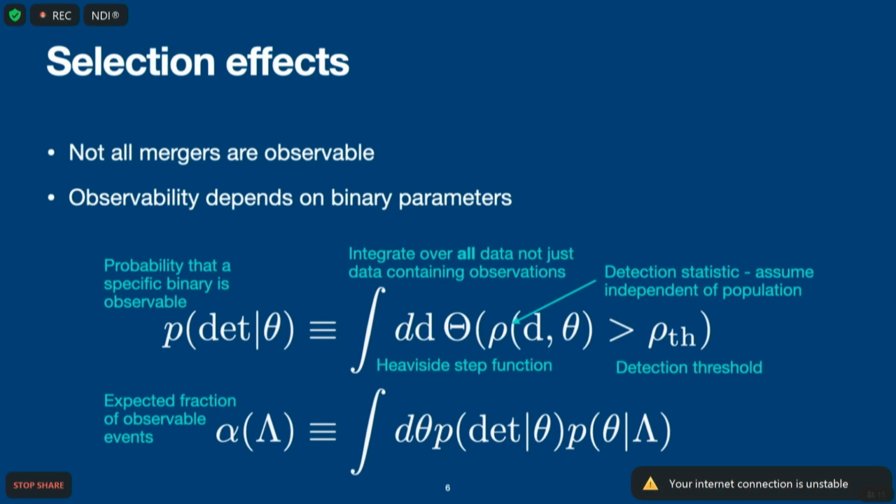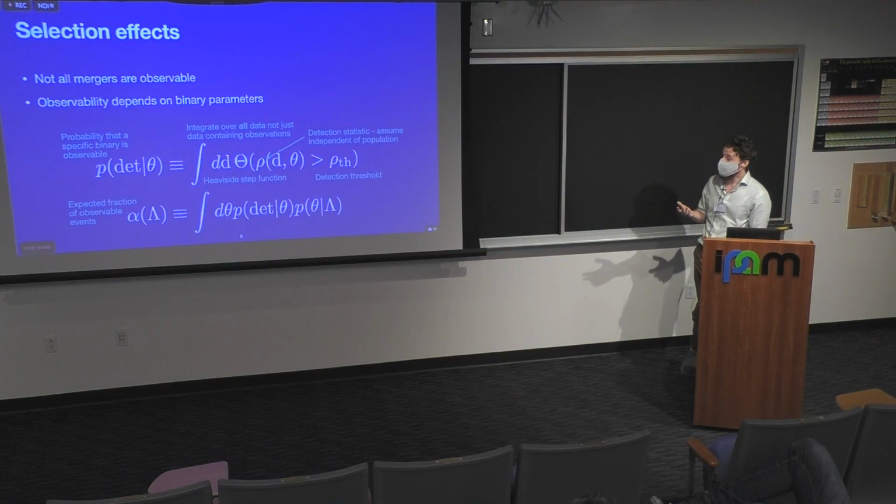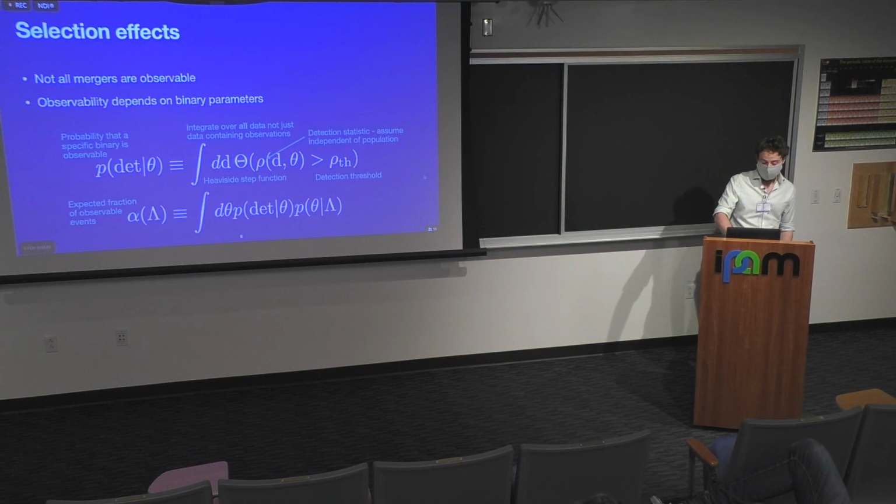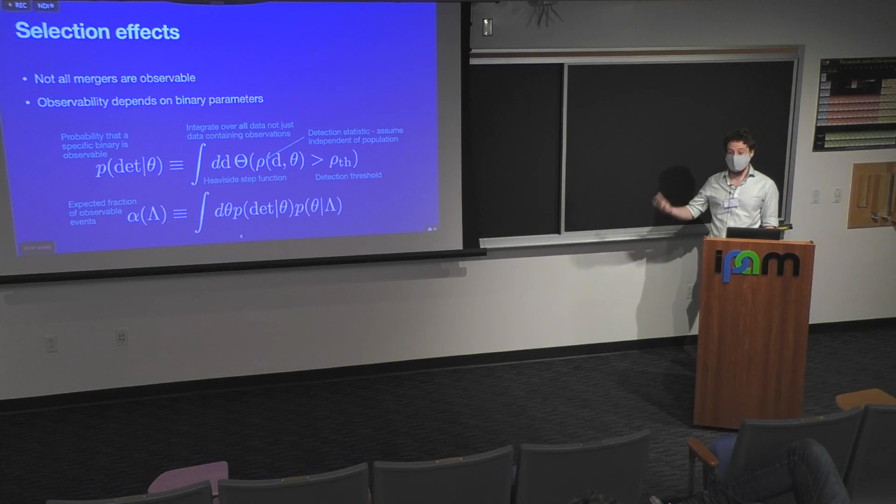But unfortunately, we are subject to selection effects. Not all the mergers throughout the universe are observable. As Maya pointed out, there's this strong scaling with mass of the detectability. And so we tend to characterize this in this way, where this quantity alpha, I believe Maya called beta earlier today, is the fraction of all sources that are detectable, assuming some population model.